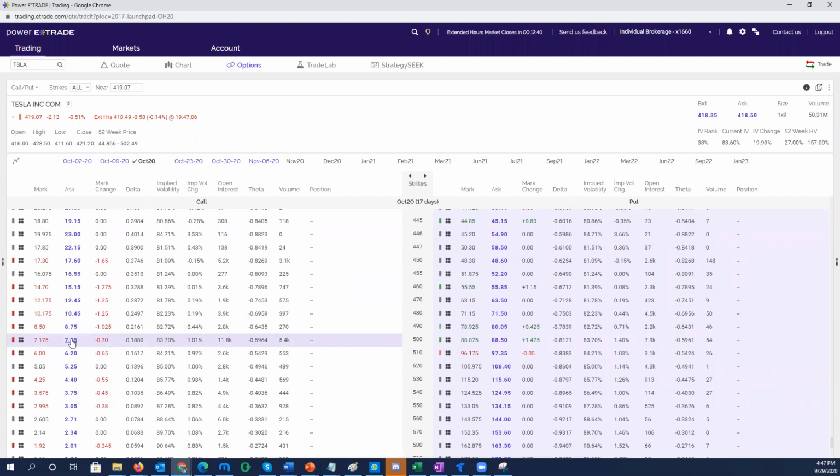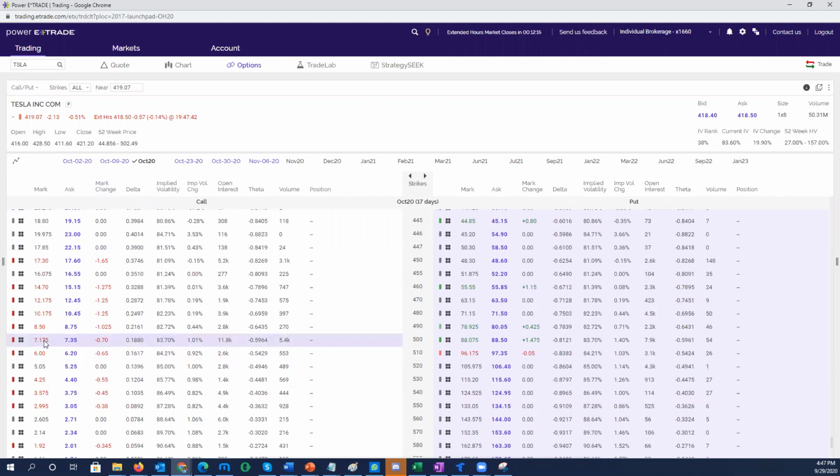So he's holding 300 shares. As you know, each contract controls 100 shares, so he can sell 3 calls against this. If Tesla cannot touch 500 in 17 days, he can sell this 500 call for about 7.35, 7.15 mostly, say $700.